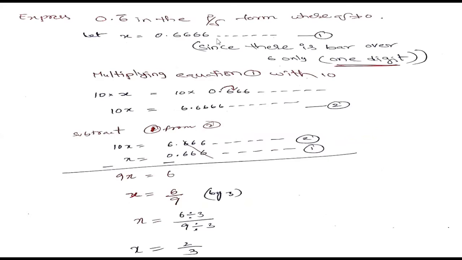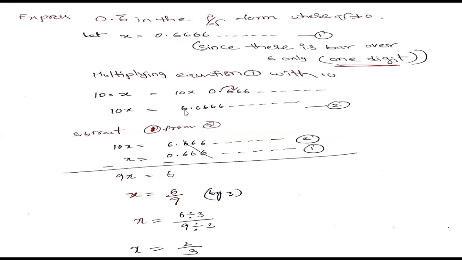Aditya, is it clear? So 10x is equal to 10 into 0.666. When you are multiplying by 10, the decimal point moves one place to the right.